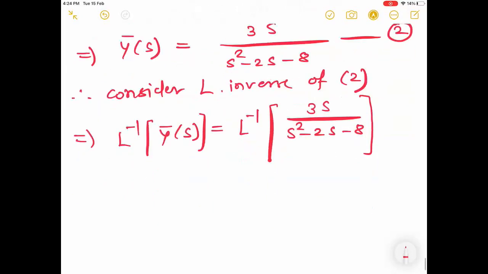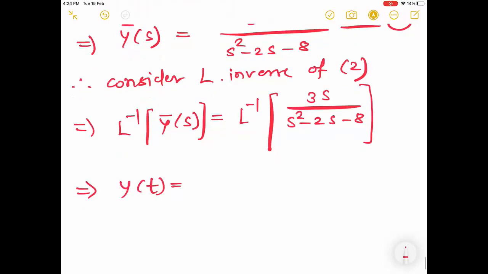So what is your left side? Y of t. Yes, so y of t is equal to the right hand side. Can you tell me the denominator factorization? Is it possible into linear factors?